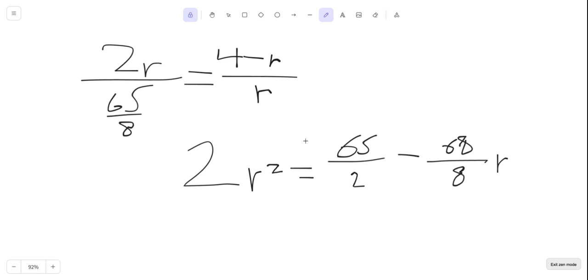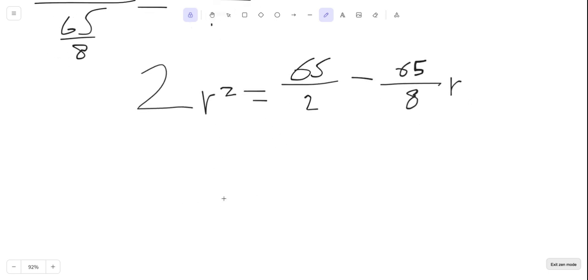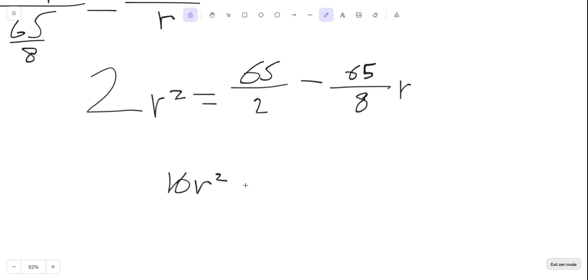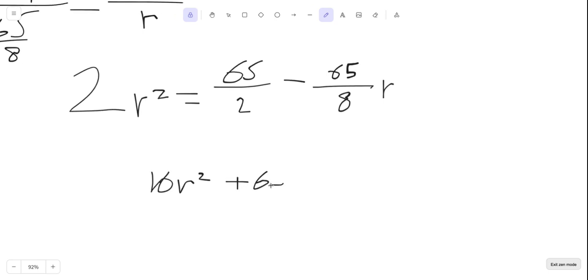Make sure you don't make a single mistake here because you're on the final steps. Now that we have that, you can multiply everything by 8, and we get an equation in r equals 0.